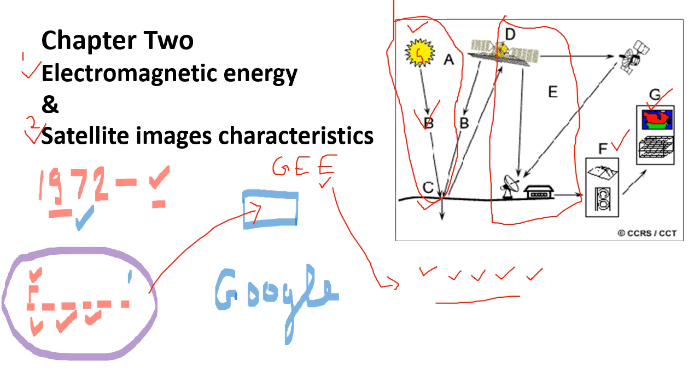So for all this process, first of all, your basics should be clear: what is electromagnetic energy and what are the satellite image characteristics. Let me relate it with a very simple example: if we know the characteristics of a mobile, then we can go to the market and buy a good one.